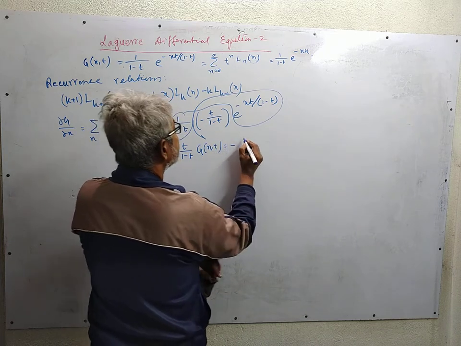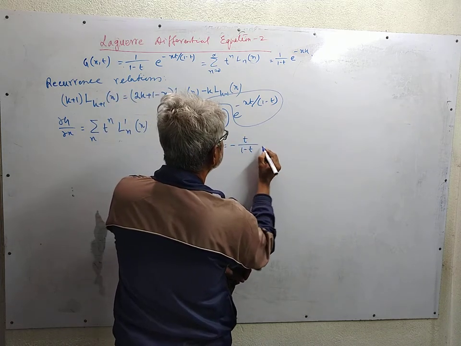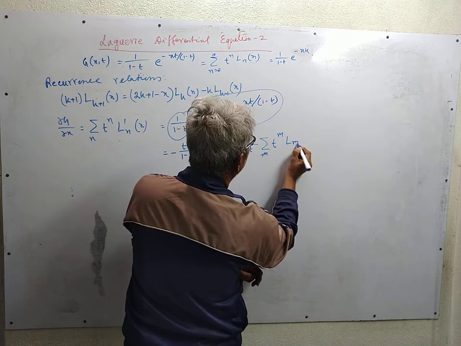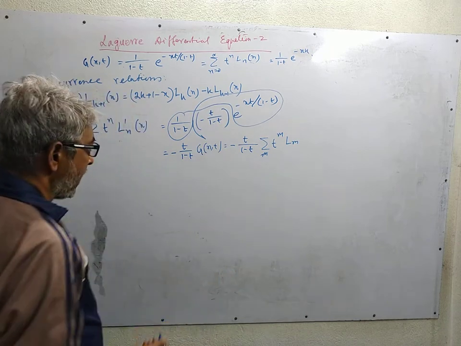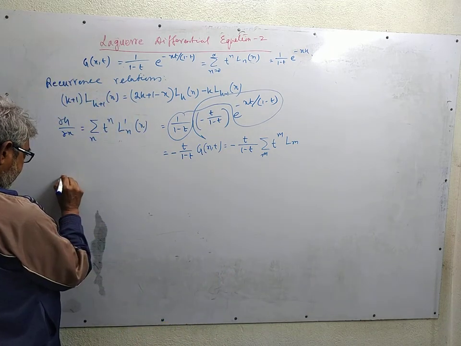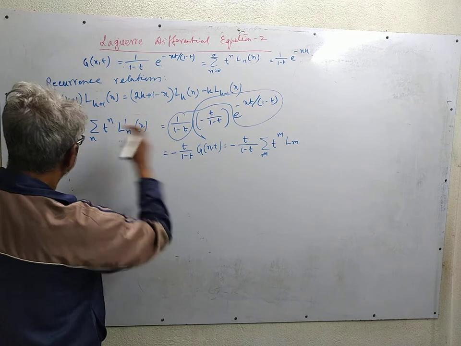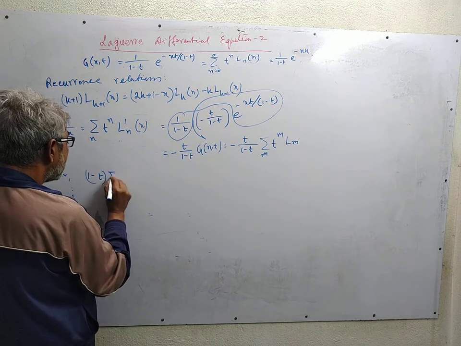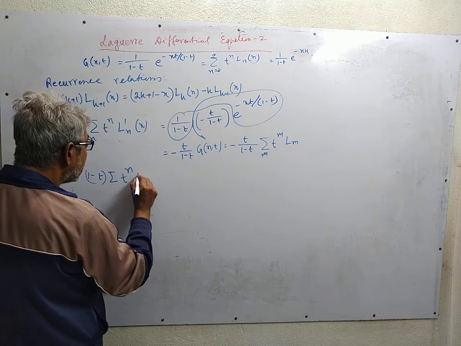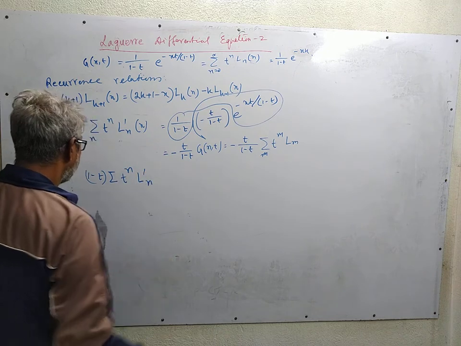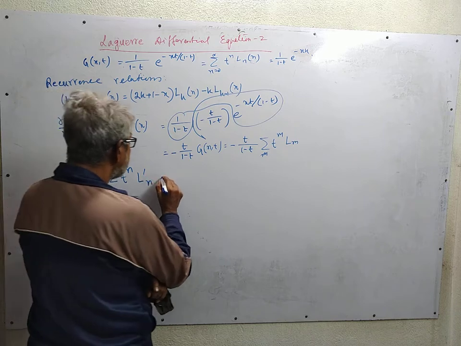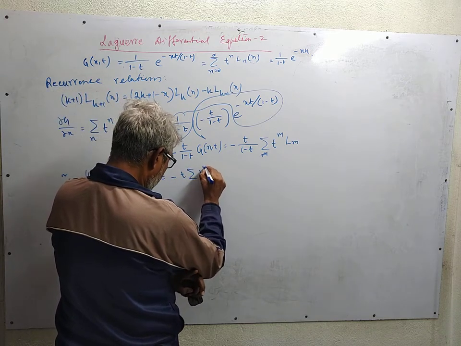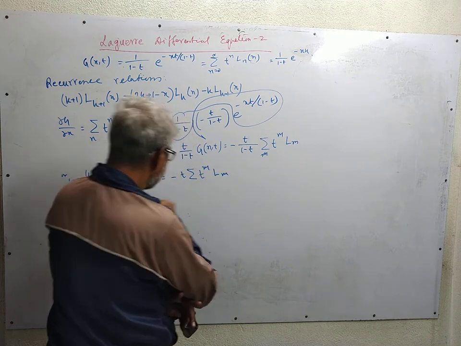So this is minus t upon 1 minus t summation over m of t to the power m ln of x. Or we get this multiplied by 1 minus t, summation over t to the power n ln prime, equal to minus t to the power m ln of x.